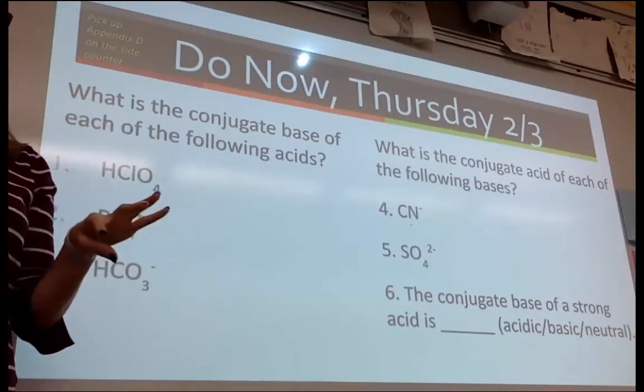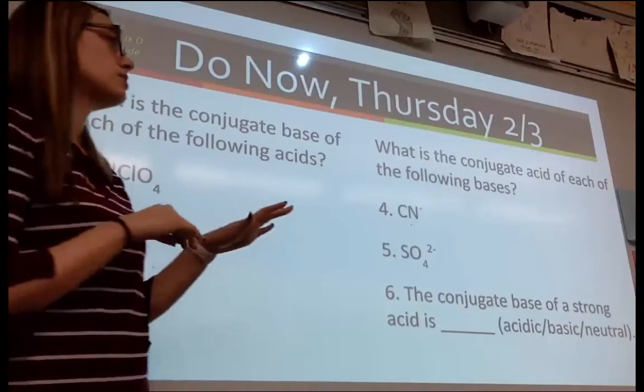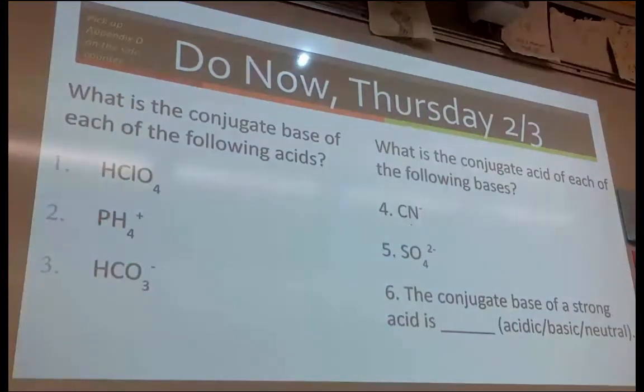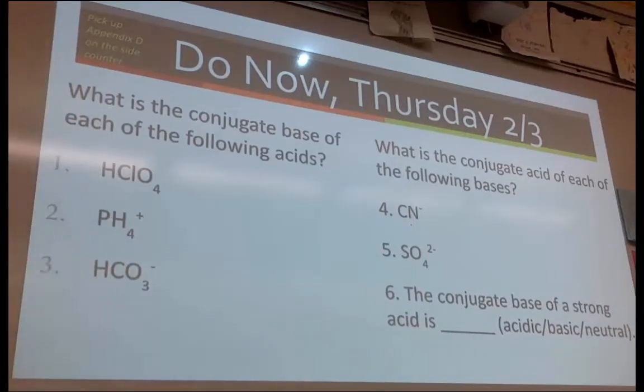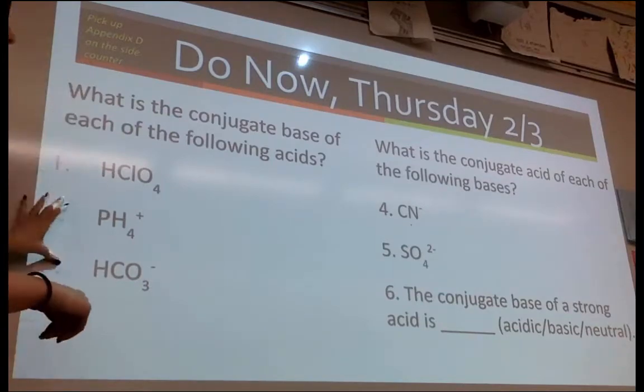So every single example today is going to have a mastering question that's going to go along with it. So we'll just get into the do now, and then hopefully have at least a little bit of time at the end that you can work on mastering, so you can kind of take the examples that we do and work on mastering. So 1, 2, and 3 are asking about the conjugate base for these acids.